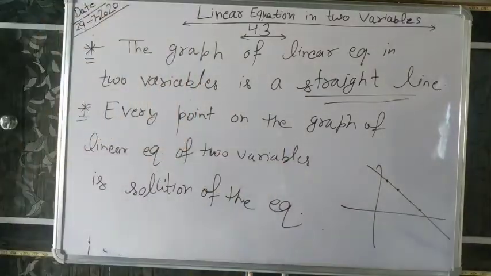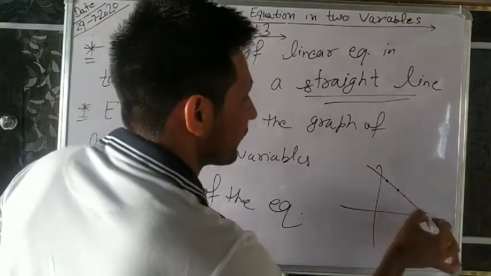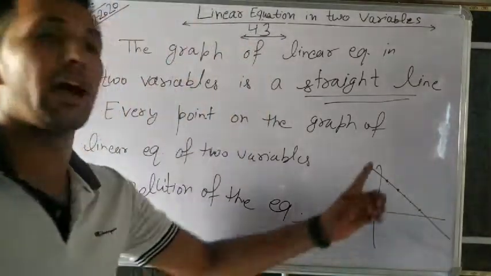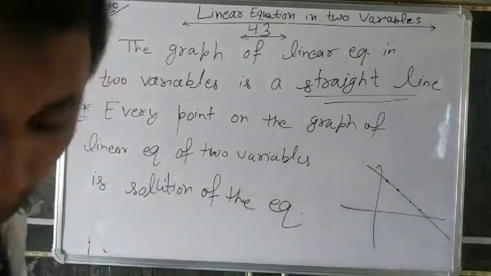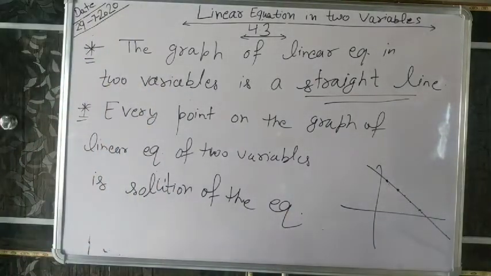Every point on the graph is always a solution. So how many solutions does it mean? Infinite points. So note down these two points, very important. Understand?